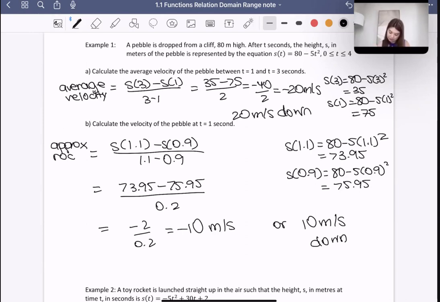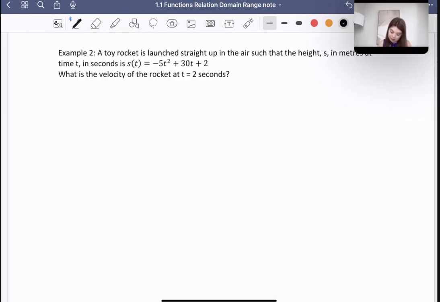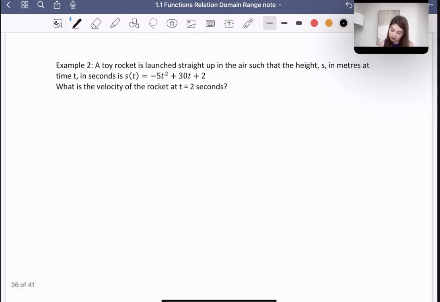Okay. Let's do example 3 as well. It says a toy rocket is launched straight up into the air such that the height s in meters at time t in seconds is represented by s of t equals negative 5t squared plus 30t plus 2. What is the velocity of the rocket at 2 seconds?